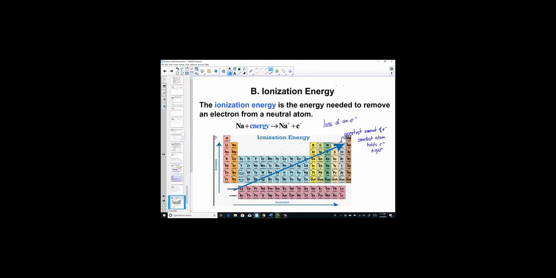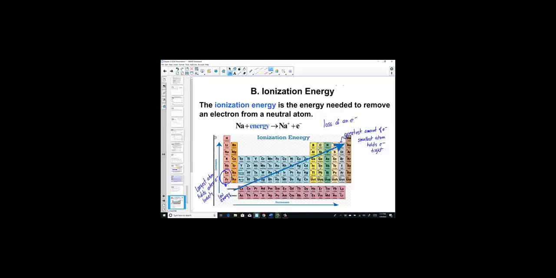Now, the largest atoms down here, so far away from the nucleus that it's easy to pluck off an electron because they're not being held very tight by the nucleus. Largest atom holds the electrons loosely. So it takes low energy to remove it. The lowest ionization energy are the big atoms, bottom left.